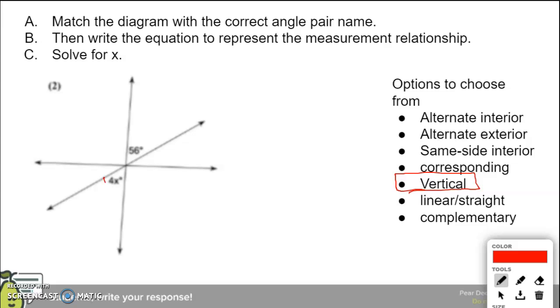They are always congruent. They look like they're the same in measure, don't they? 4x is equal to 56. 4 is being multiplied to x. How do I undo it? You divide both sides by 4, and you get x is 14.